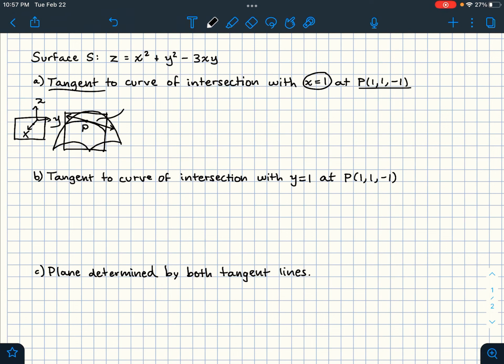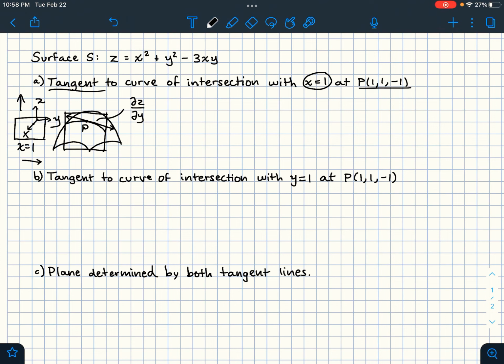If you look at the plane x equals 1, you can see that the plane extends in the y and z directions, right? It's normal to the x-axis, but it goes in the direction of the y-axis and the z-axis. Therefore, the slope of any tangent on the intersection between this plane and the surface will be given by dz/dy.